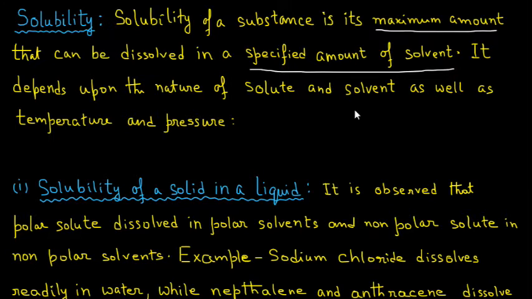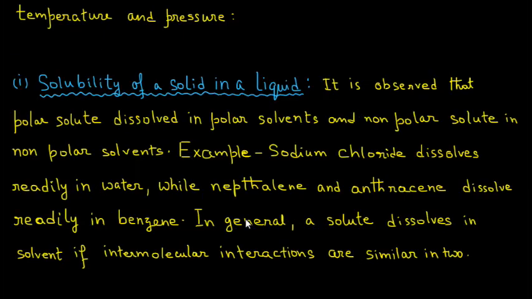Now let us see in detail the solubility of a solid in a liquid. It is observed that polar solute dissolve in polar solvent and non-polar solute dissolve in non-polar solvent. We have just a few minutes back seen this.